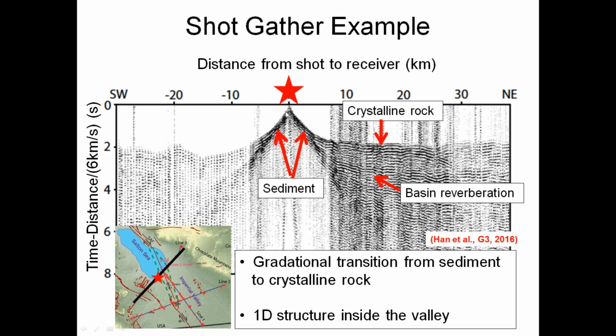We see slower sediment near the shot and faster crystalline rock at farther offsets. The transition between them is very smooth, and there is no reflection. The symmetric data along line 3 also suggest a one-dimensional structure in the valley.